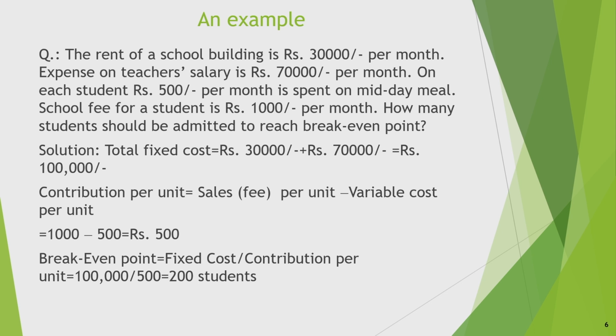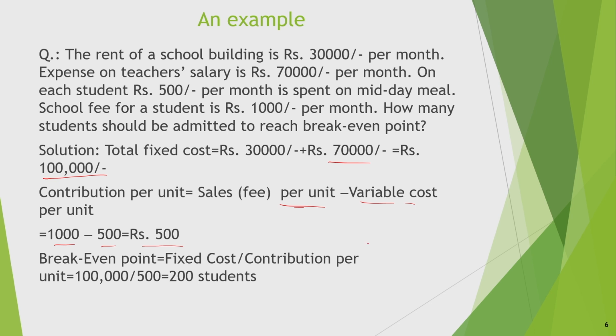So the solution: total fixed cost is equal to rupees 30,000 plus rupees 70,000. That means it becomes rupees 1 lakh. And contribution per unit is equal to sales, that is fee per unit, minus variable cost. So 1000 minus 500 is equal to rupees 500. So contribution per unit you got 500.